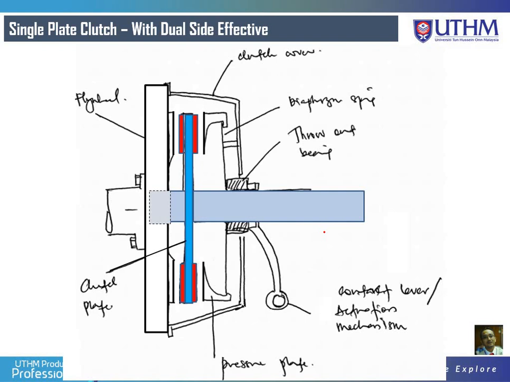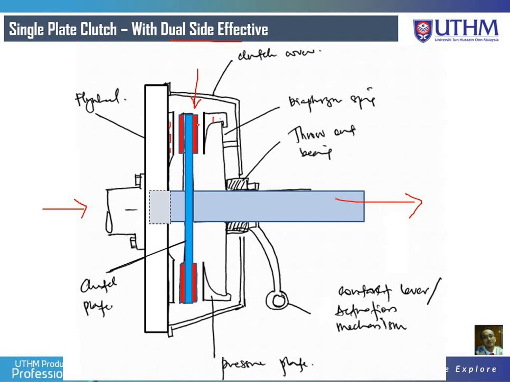Okay, this is another sketch that helps in understanding the dual side effective. This is from the engine, this is to the gearbox. From the engine there is a disc connected over here, and then there is another disc at the engine over here. This is the friction plate, both sides effective.